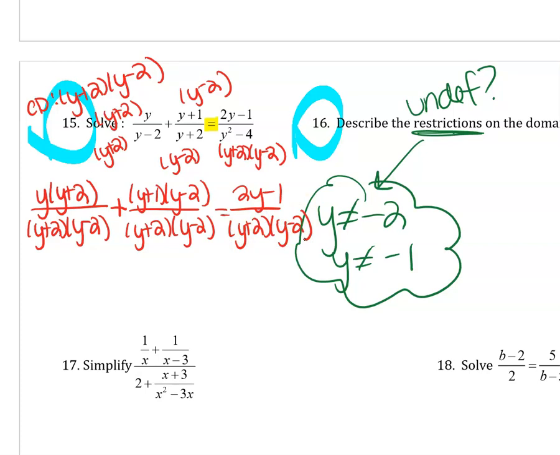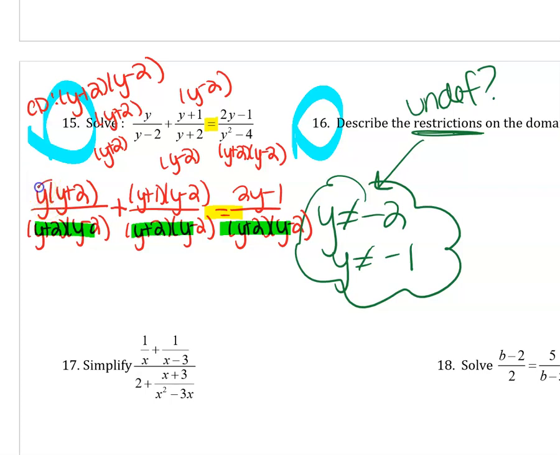Now at this point, because all of your denominators are the same, the only thing you then need to solve is the numerator. So this is where we say if the problem equates, you may drop the base and solve the numerator. It's not that the base isn't important. We'll come back to it later. It's just not necessary to our solving for what y is because it's an equation.